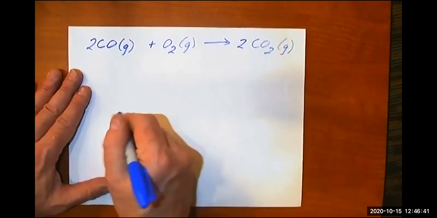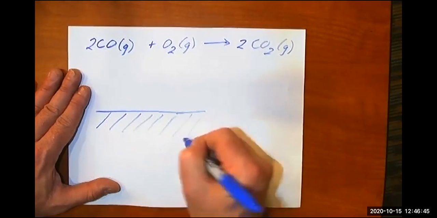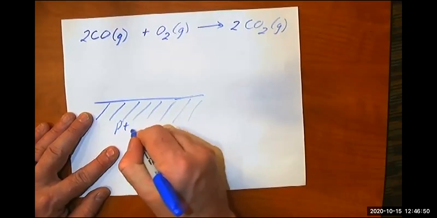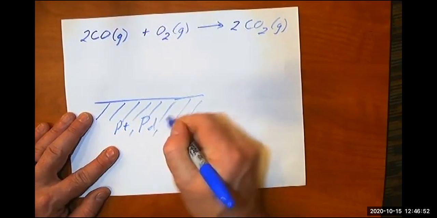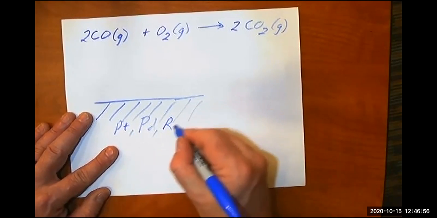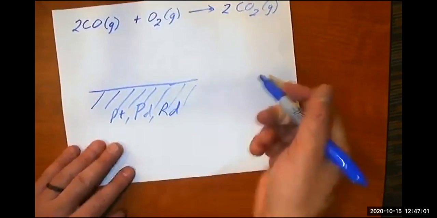So the idea is we have a surface of an active metal. This is usually platinum, palladium, or rhodium. Rhodium, that's Rh, I think. I'm not an inorganic chemist, so I don't always remember, but rhodium.